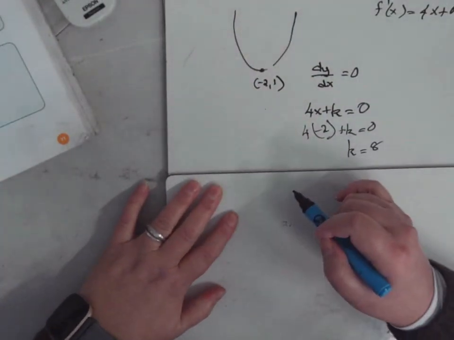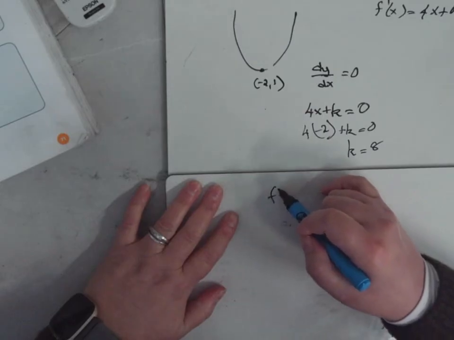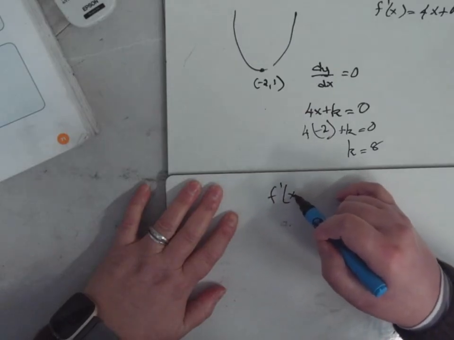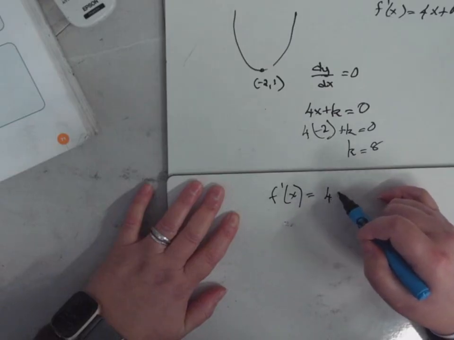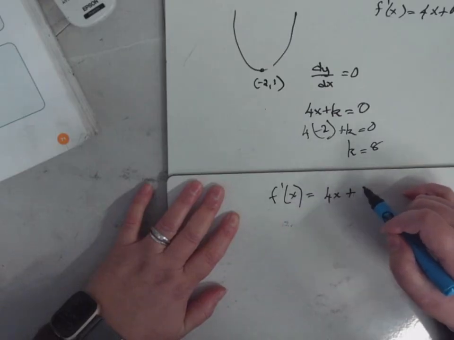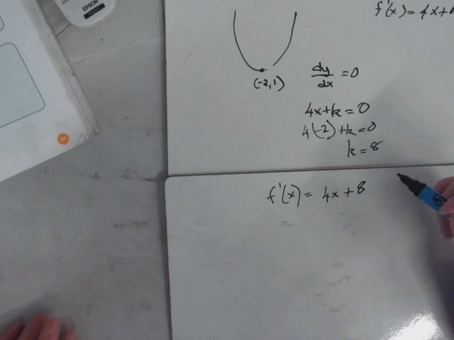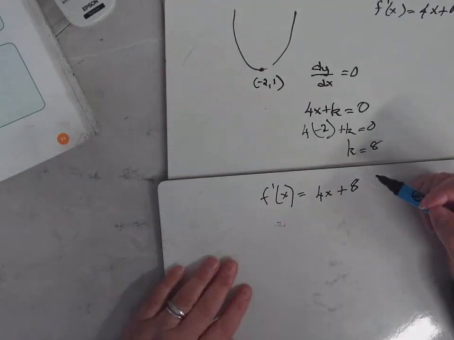When we differentiated the function, we ended up with 4x plus 8. So what did we have before we differentiated the function? What was the equation of the curve?